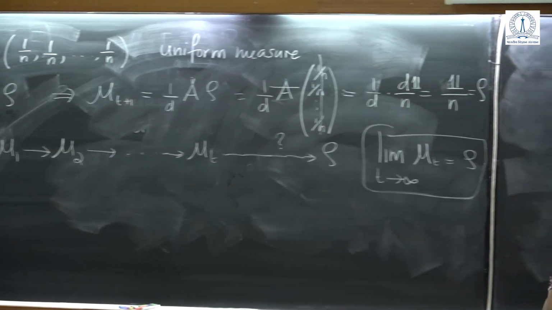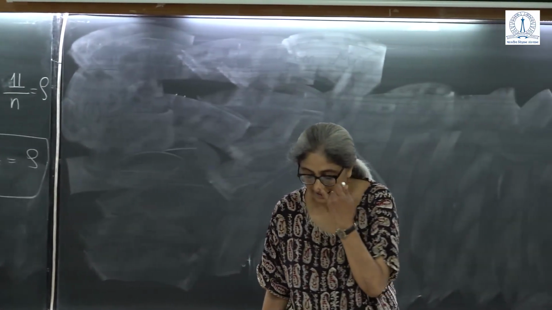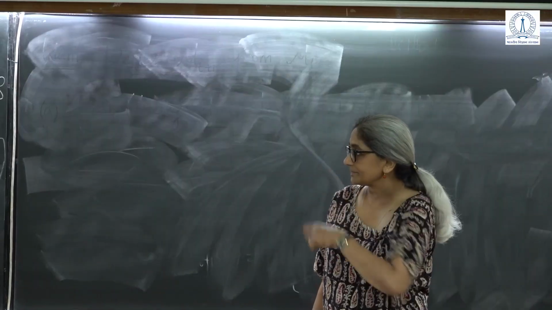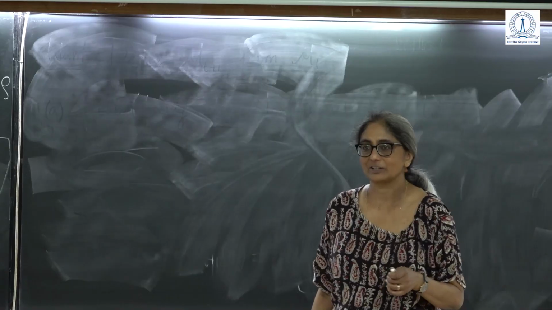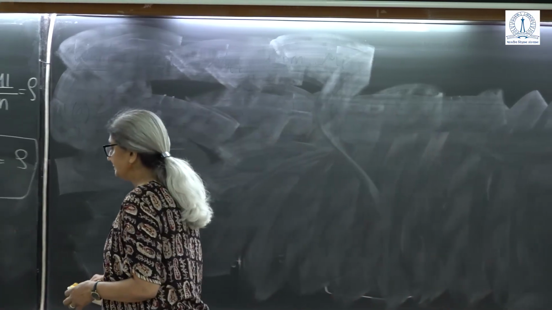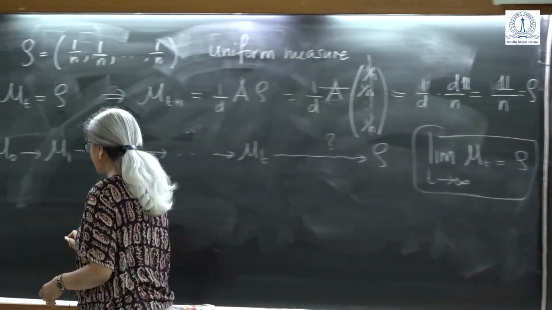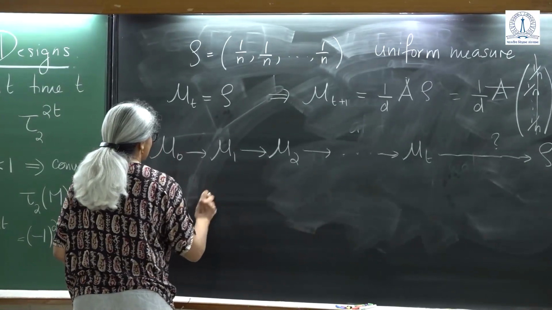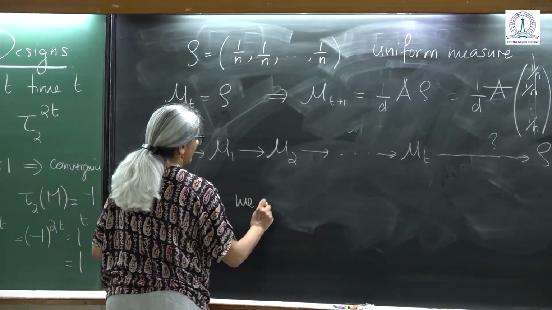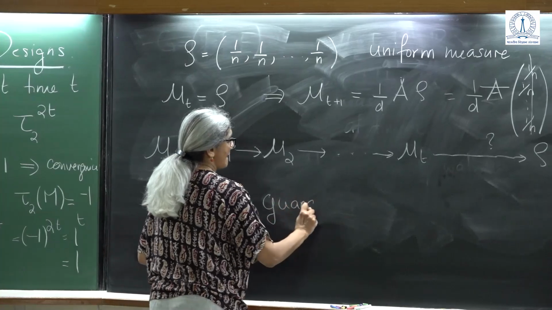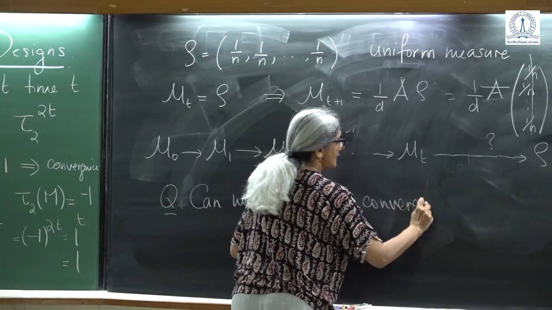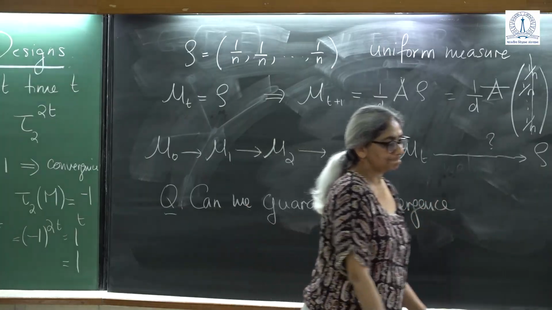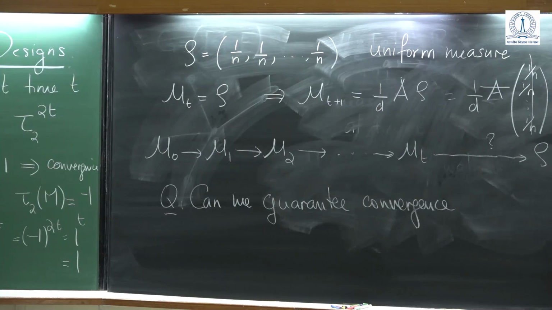All right, so what I want to do now is to think about how we can improve this theorem, okay? So here's a question for you. Can we guarantee convergence, or can we improve the convergence rate?